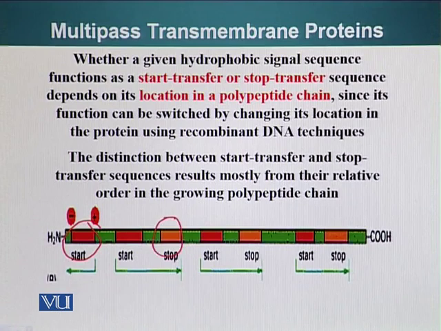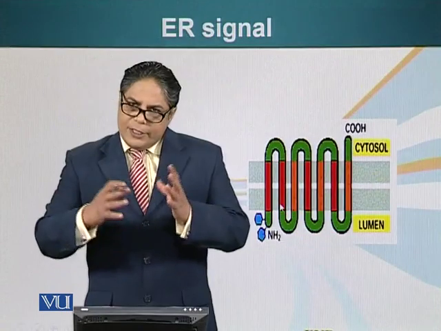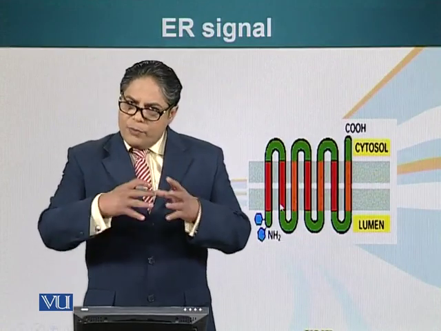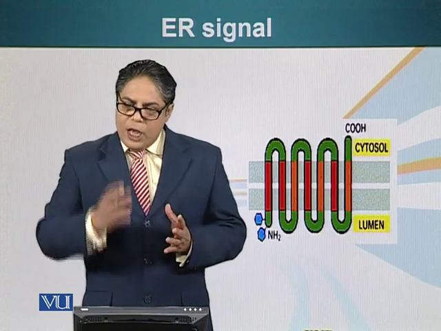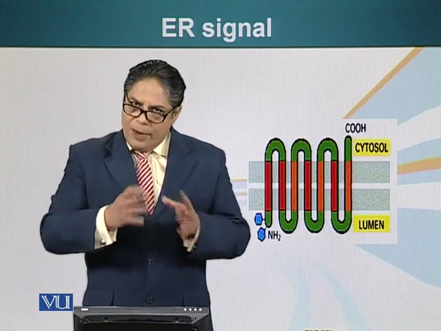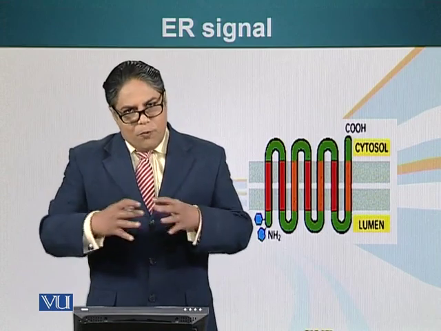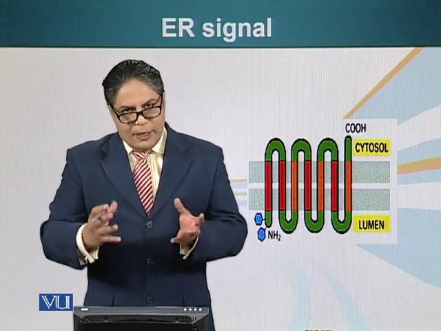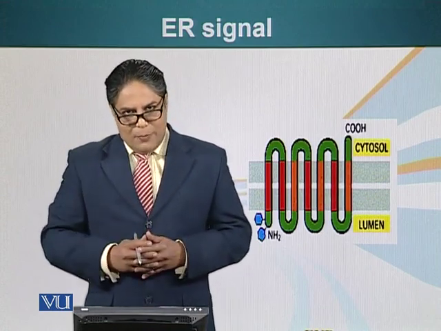Then the next hydrophobic sequence will be start transfer and then stop transfer. It goes on sequentially until the protein with multiple transmembrane domains is inserted into the membrane of the endoplasmic reticulum initially. So we have seen how proteins with multiple transmembrane domains are inserted in the endoplasmic reticulum, from where they will be enclosed in a vesicle which can be transferred to the plasma membrane, for example.